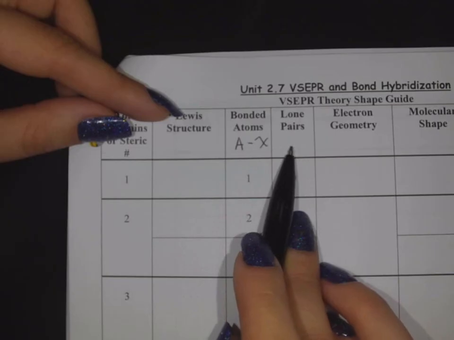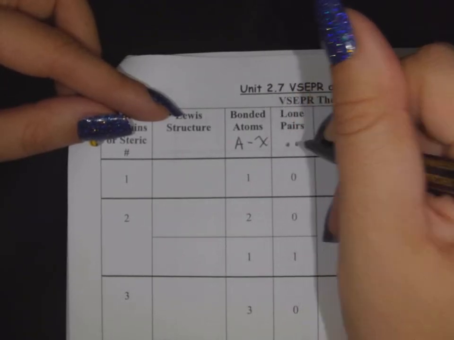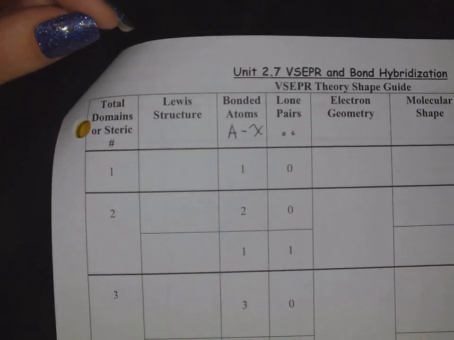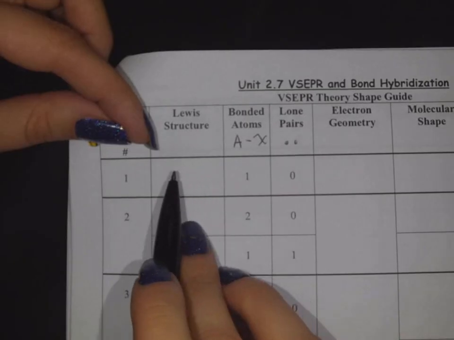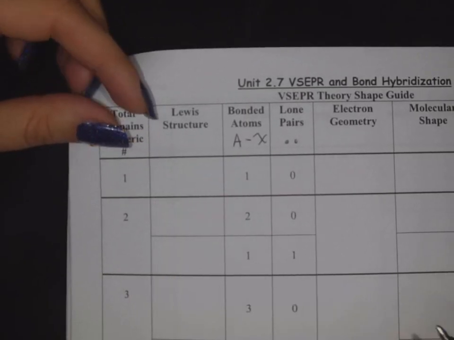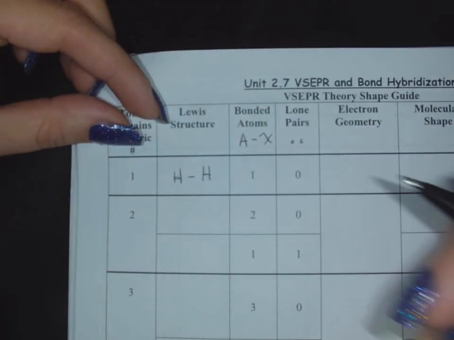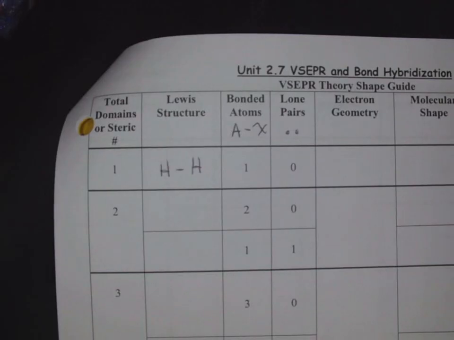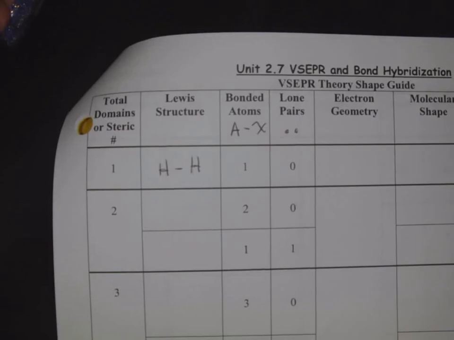And then there are 0 lone pairs, so we don't have any lone pairs. Okay? So the Lewis dot structure would be something where there's a center and then it's bonded to a single atom. One that you might be familiar with is like a hydrogen bonded to a hydrogen. One of them is the central, and then we have a bonded atom to that. That is a steric number or a domain of 1.